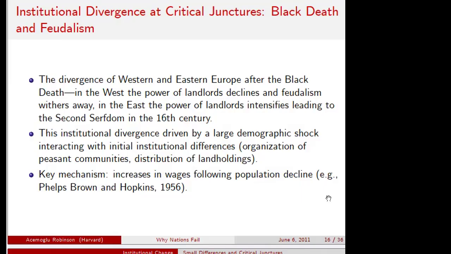In Eastern Europe, peasant communities were weaker and less organized. So there had been less history of peasant resistance or collective action. Landlords were more powerful relative to the state.